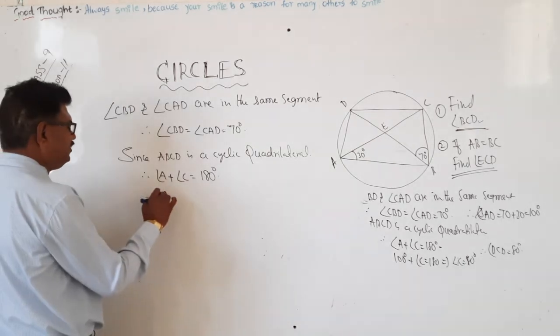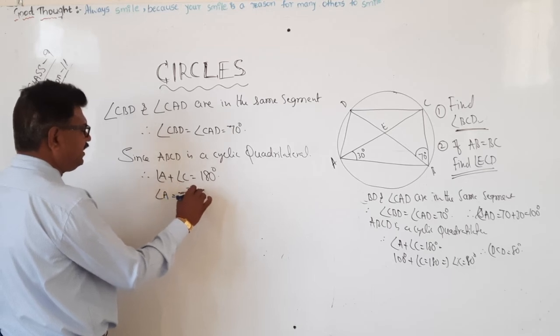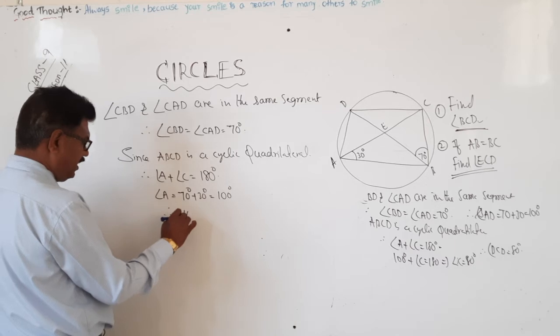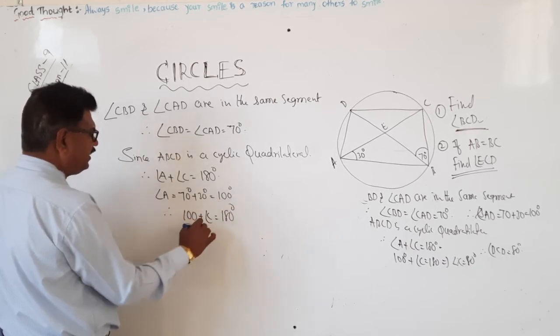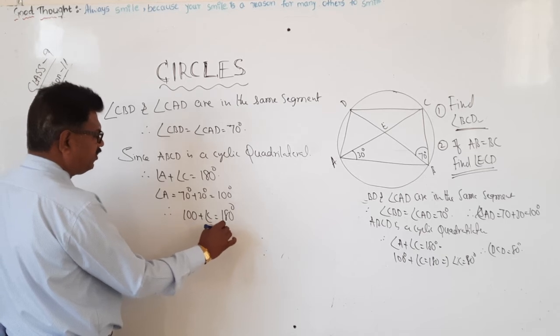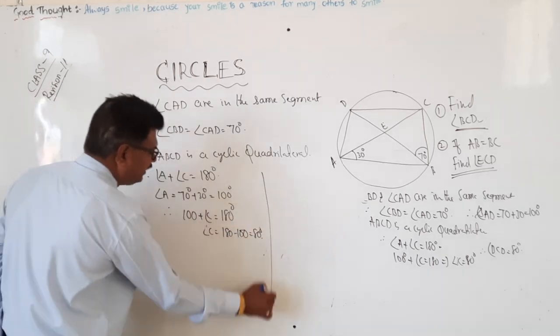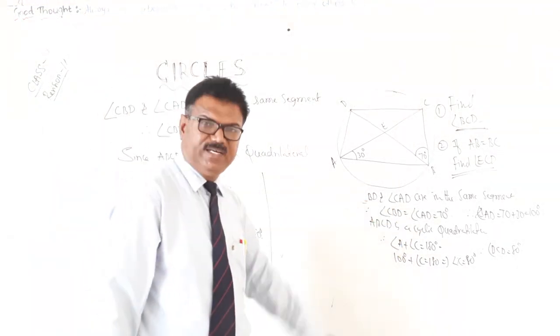Now angle A is equal to how much? 70 plus 30 degrees equals 100. Therefore, 100 plus C is equal to 180. Therefore, angle C is equal to 180 minus 100, which is 80 degrees. Now that 80 degrees is completed.